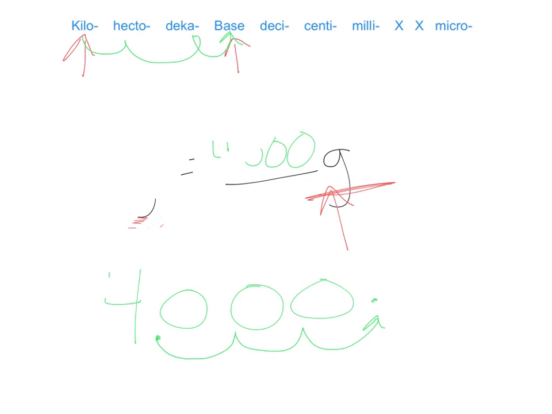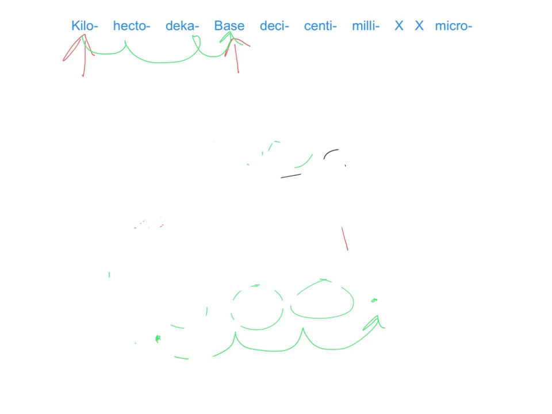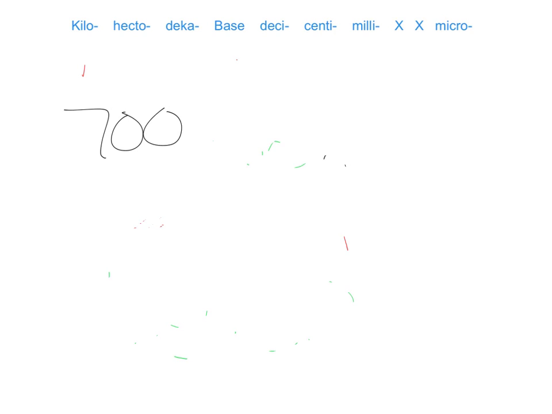On the other hand, if we do another one, let me see here if I can just erase this real quickly. There we go. This time we have, let's say, 700 milligrams, and I want to convert that to grams.